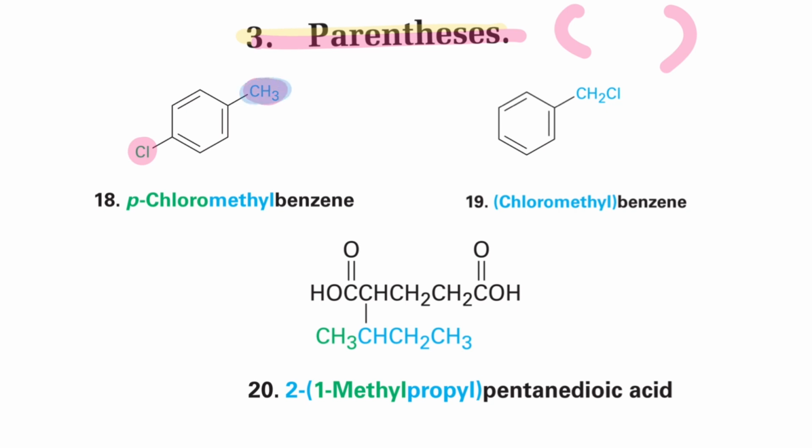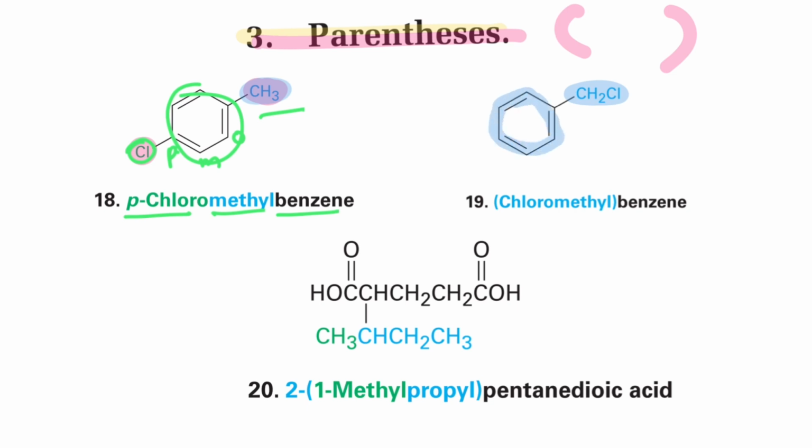With respect to this functional group, this is called ortho, this is called meta, this is called para. Therefore, this is called para-chloromethylbenzene.